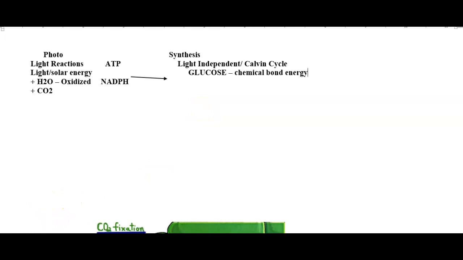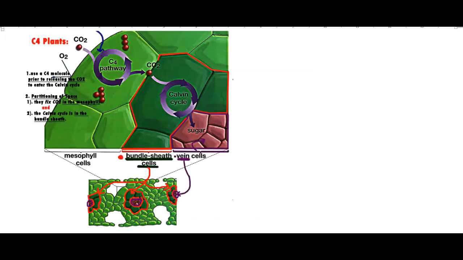Alright, now there are actually some problems, two problems with photosynthesis in certain plants. So let's look at those before we actually continue on with respiration. Alright, we're going to look at something called C4 plants. Now in this case, we're going to be using the bundle sheath. This is why I pointed it out last time. See the bundle sheath?